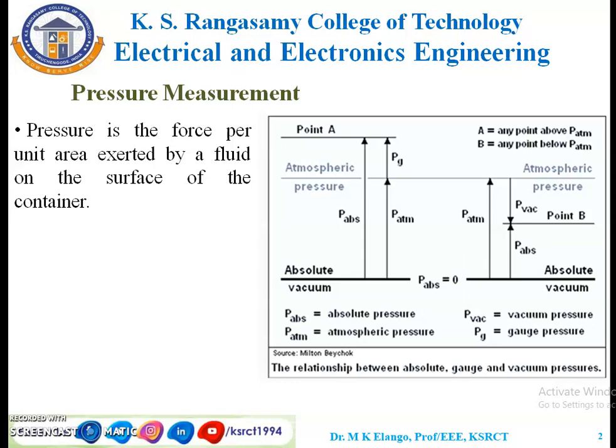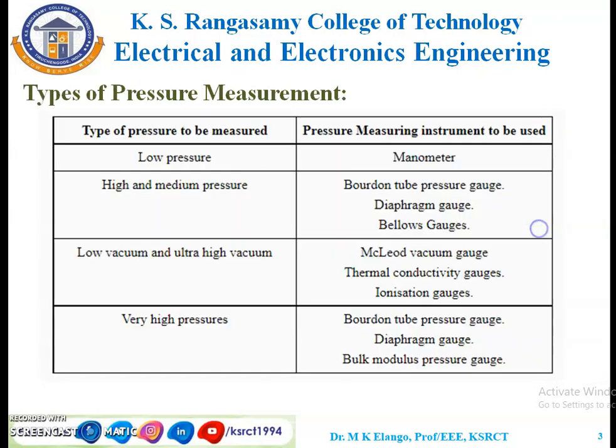From that graphical representation, we can easily understand that for vacuum, the absolute pressure is lesser than the atmospheric pressure. So here we can easily understand which type of measurement system we are going to use for the cases.